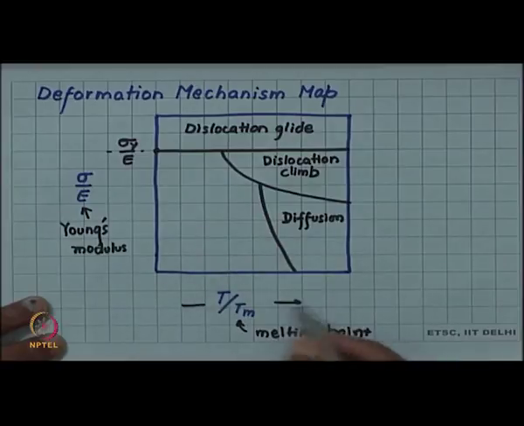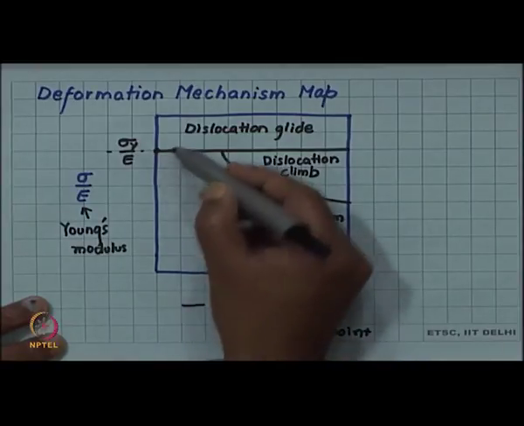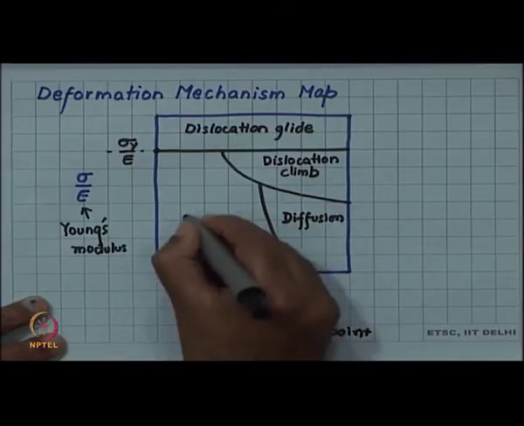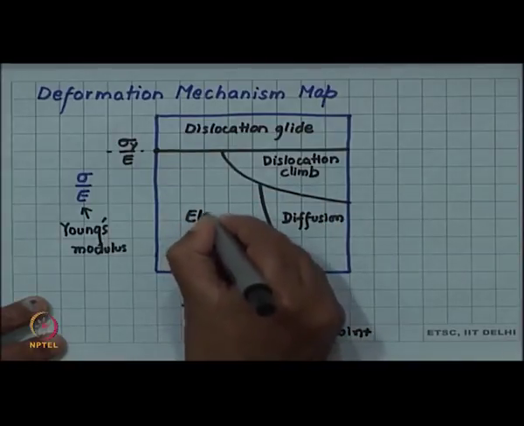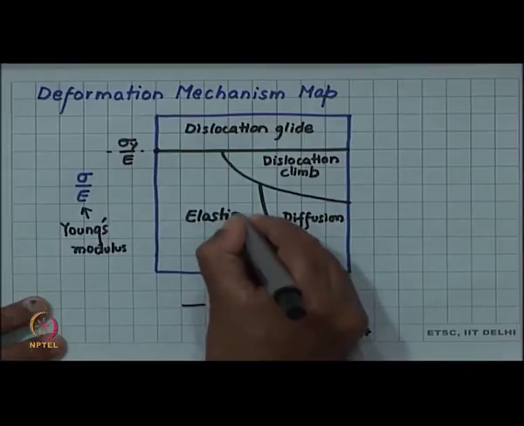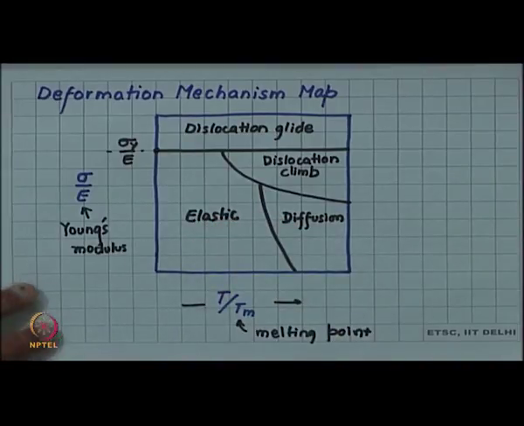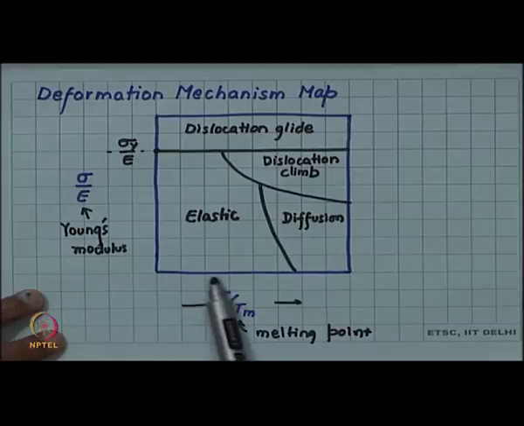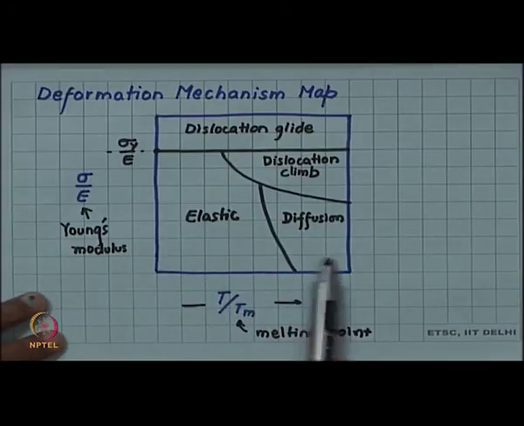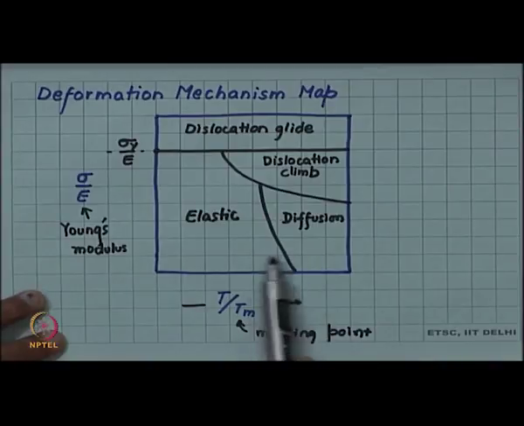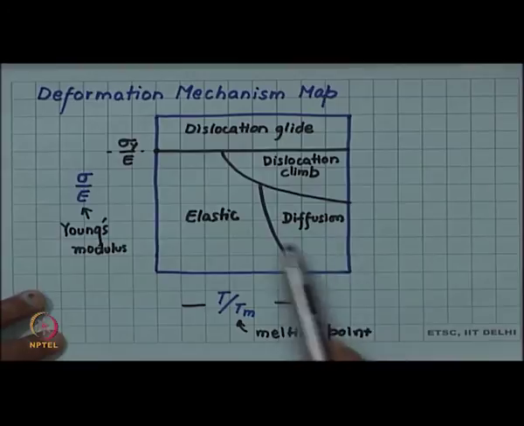And in this regime, on the lower stress side and the lower temperature side, the deformation is still elastic. So, this is an elastic regime. So, as you increase the temperature at a constant stress, you will go from elastic to plastic deformation at some higher temperature, because diffusion based mechanism will start to take place.